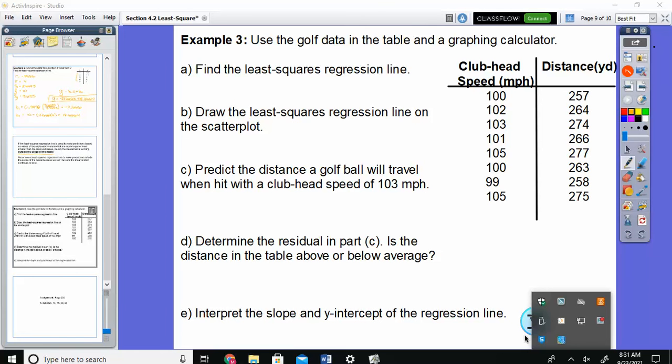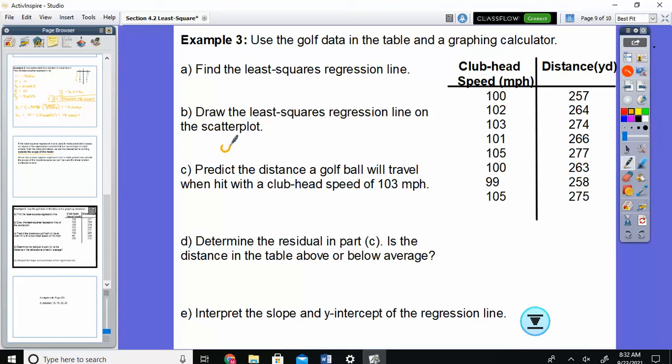So to get the least squares regression line, you want to go to stat, over to calculate, and this is the same one we went to yesterday when we got the correlation coefficient. So do you guys remember which one that was? Number 4, the linear regression. Then you should just be able to enter through, and it tells you y equals ax plus b, and the a is 3.1661.